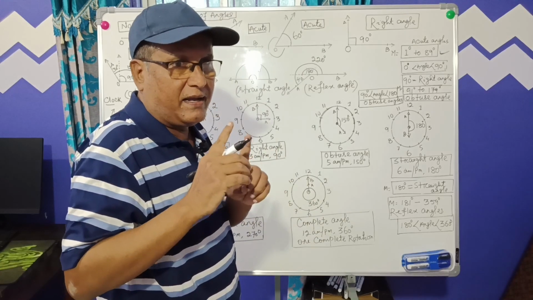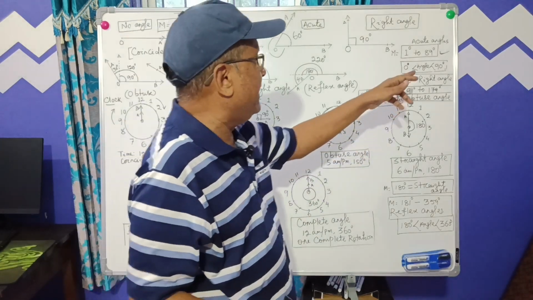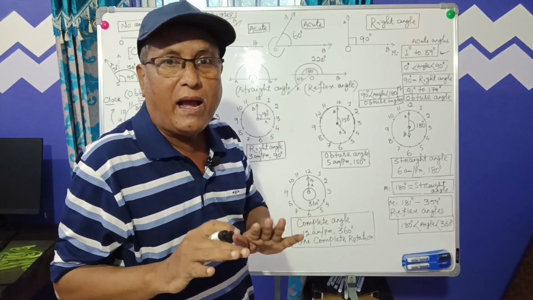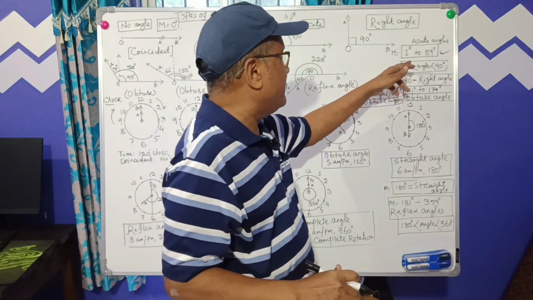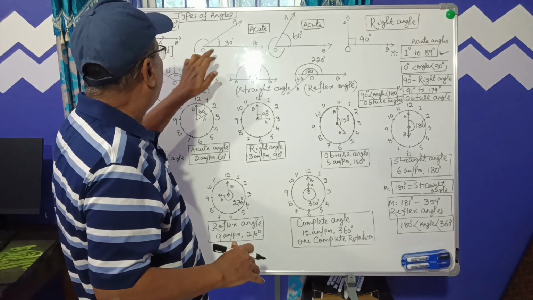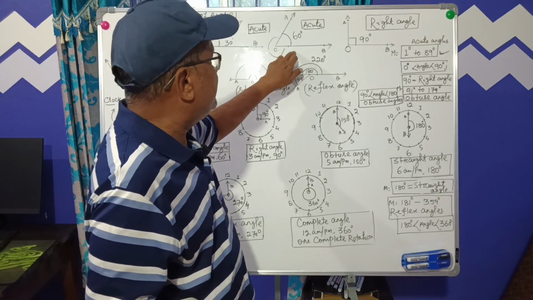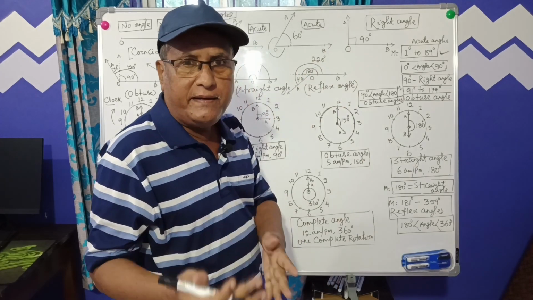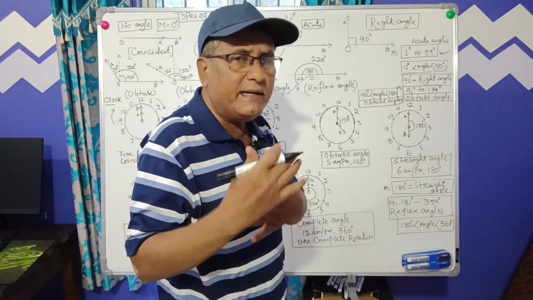So from angle degree 1 to degree 89, these angles are called acute angles. Remember this, acute angles. Now you see 0 degree and here 30 degree, here 60 degree, and we can also draw 70 degree, 80 degree, 85 degree and up to 89 degree.